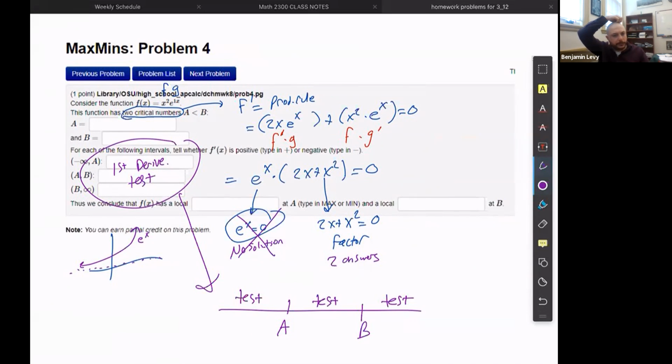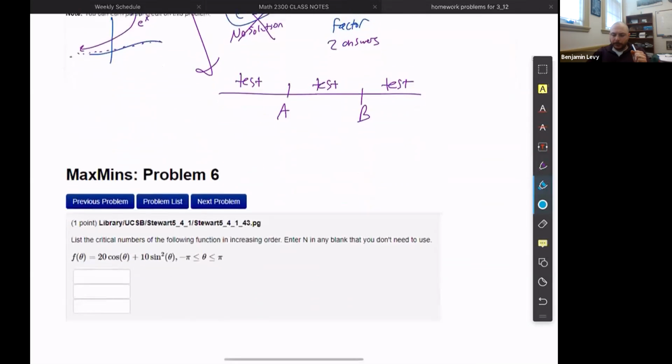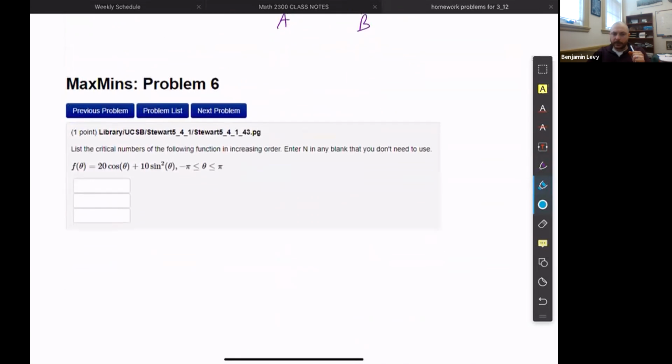Other thoughts about that one? You could make 2 separate tables, but my point is this middle one applies to both, right? It'll tell you the right side of A and the left side of B. And so you really just need to make one table. That seems okay.